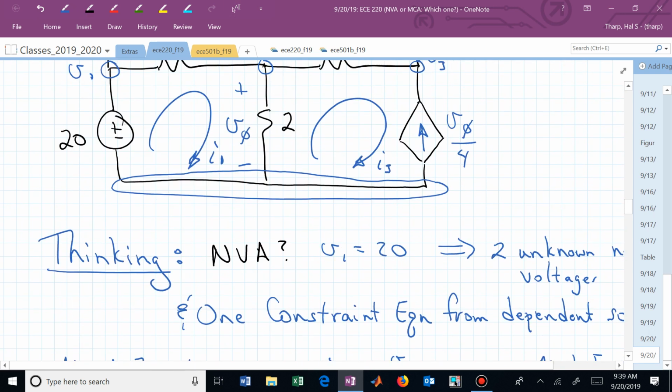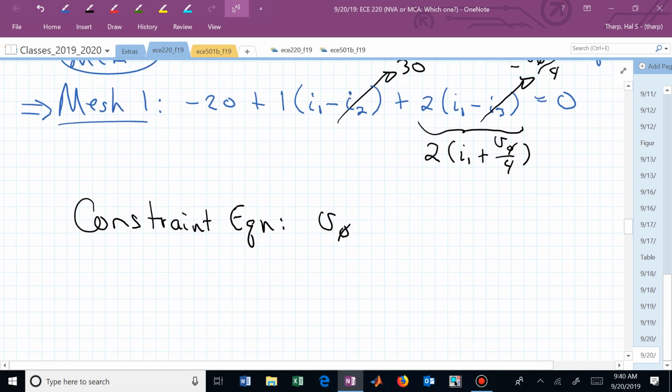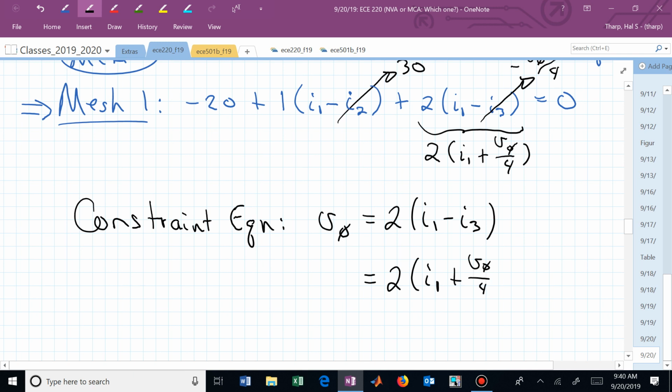What is V sub phi? That's 2 times, now we want V sub phi to be dropping voltage from top to bottom, and then we would need to multiply 2 times I1 minus I sub 3. V sub phi is now 2 times I1 minus I sub 3, but we just said what I sub 3 was. That was minus V sub phi over 4.